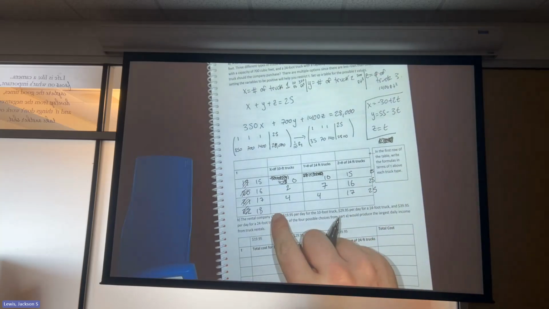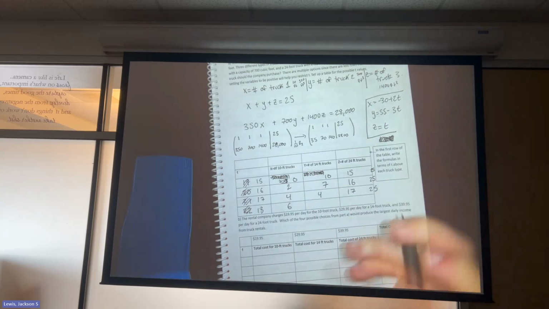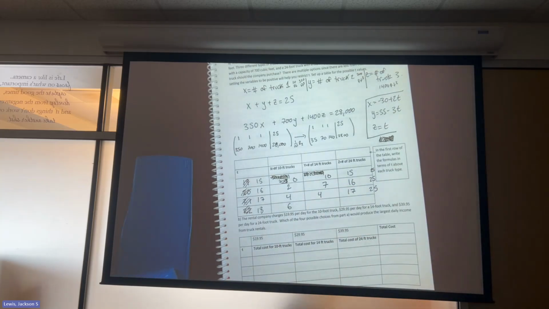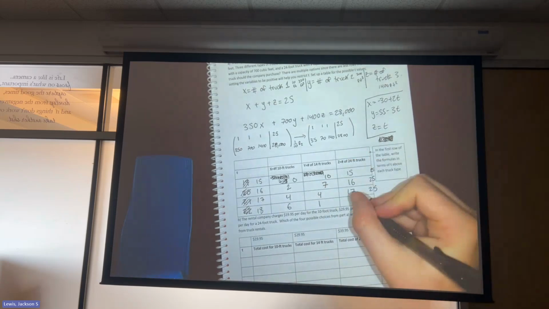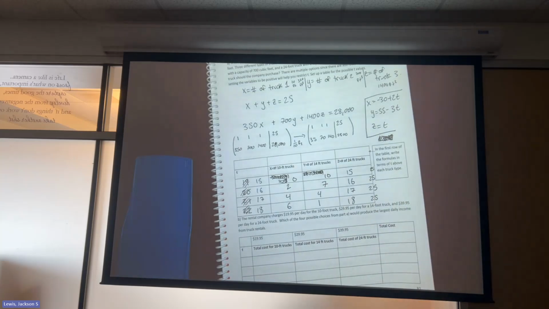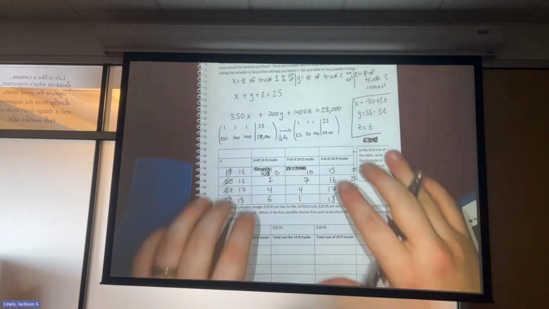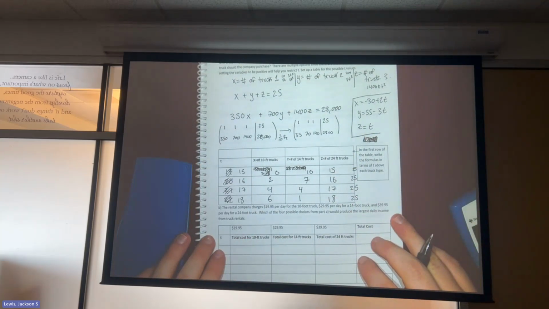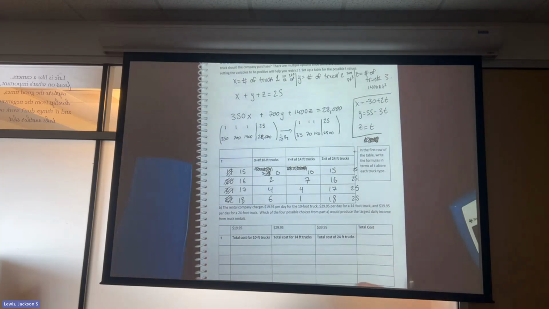And then this last one, 30 plus 3, so that's 6. 55 minus 3 times 18 is 1, and 18. And that does add up to 25. All right. So these are the possible outcomes such that I don't get negative trucks. So these are the only realistic outcomes in this situation.